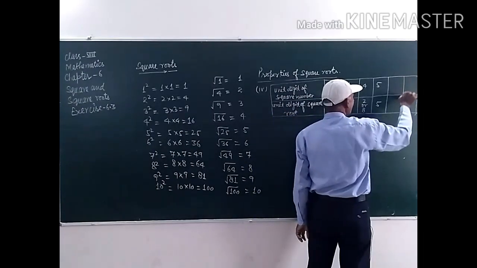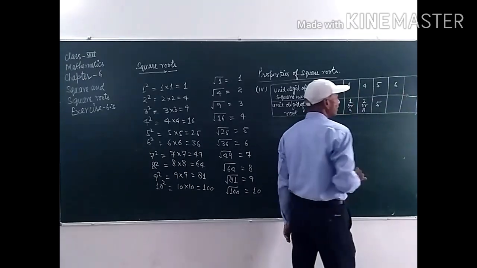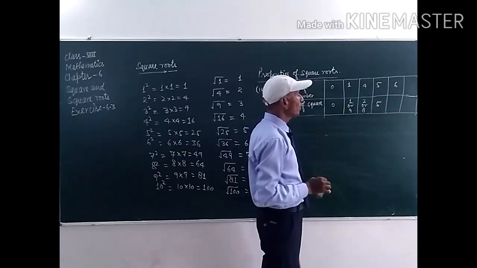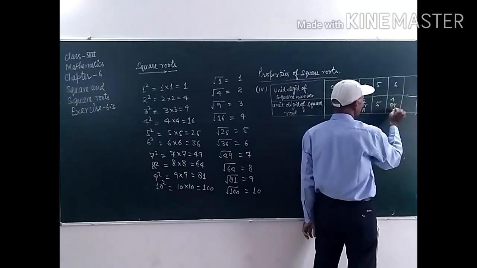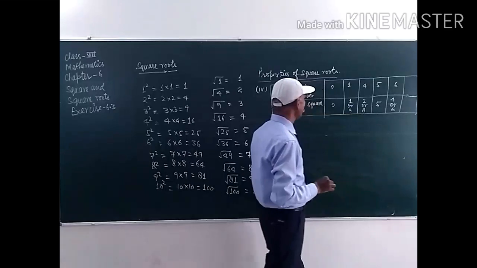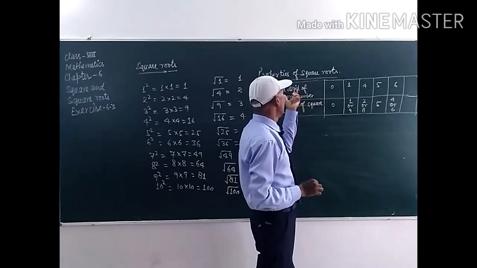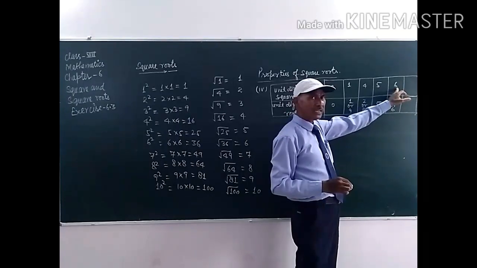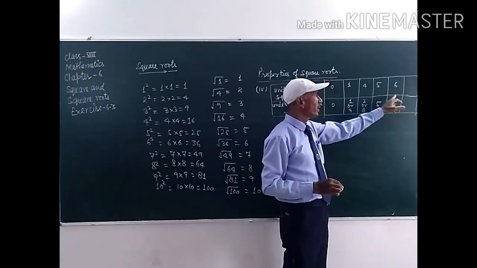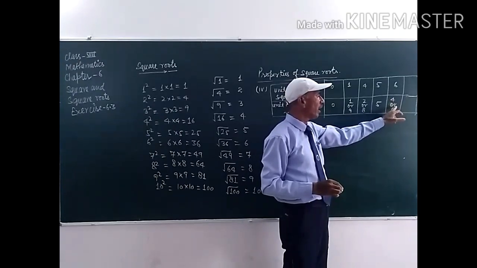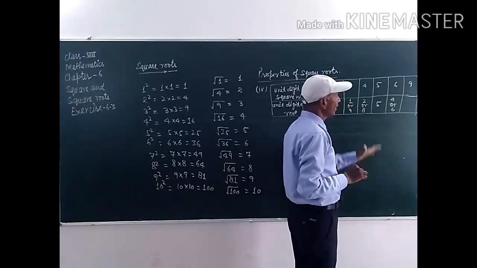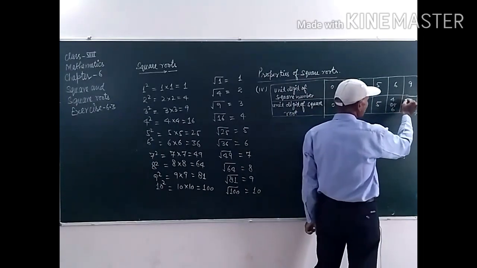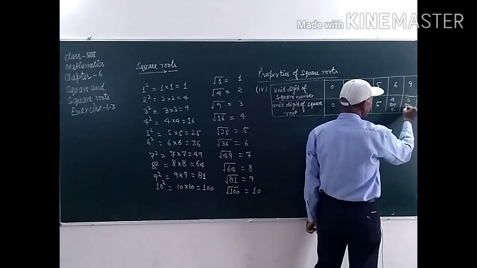If the unit digit of the square number is 6, then in the square root the unit digit will be 4 or 6. If the unit digit is 9, student, then in the square root the unit digit will be 3 or 7.